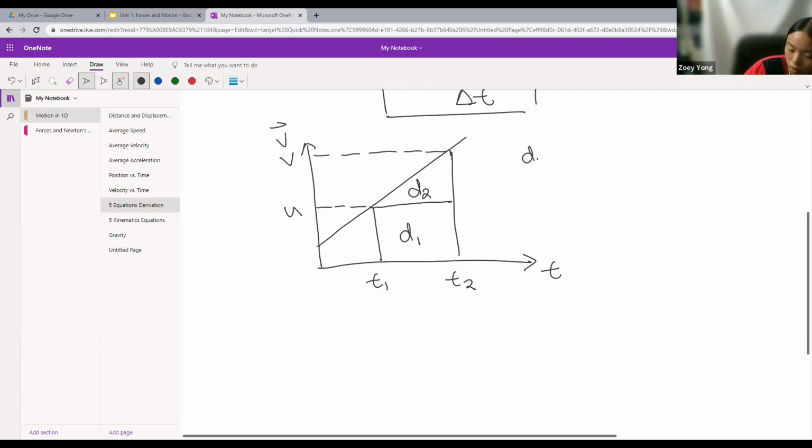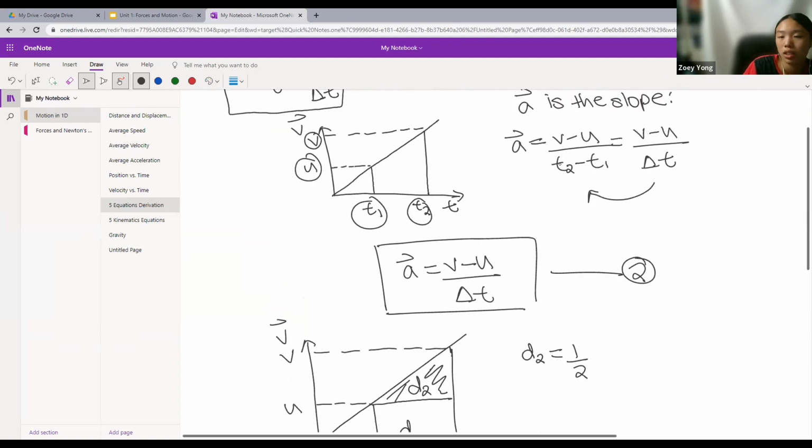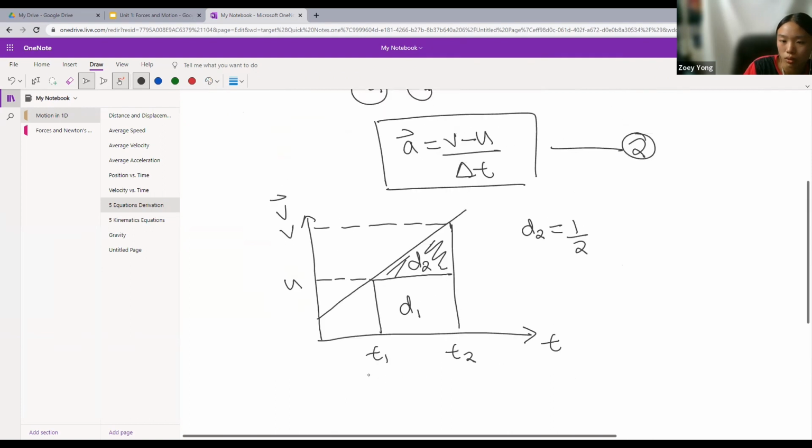Distance 2, you can think of this area as equal to half base times height, right? Because it's a triangle. So the base is going to be t1 to t2, which is t2 minus t1. Like what we said earlier, t2 minus t1 is just delta t. So the base is delta t.